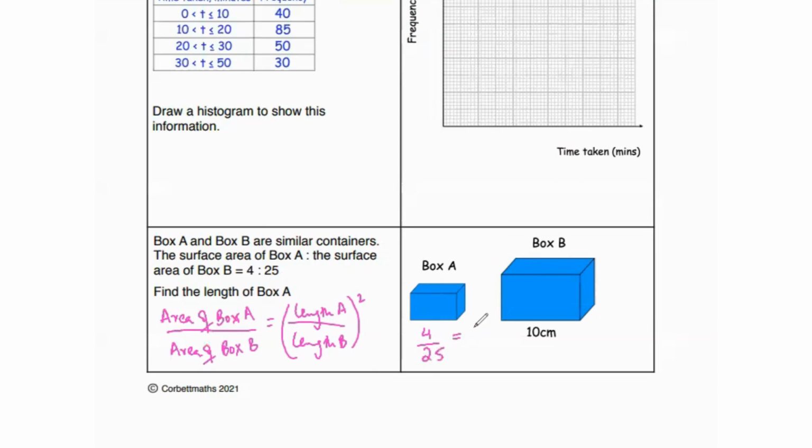Length of A is what we need to find, so I'm going to call it x, over length of B, which is given as 10, and this is being squared.